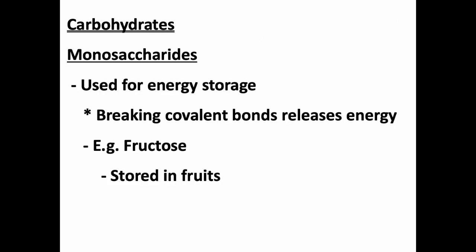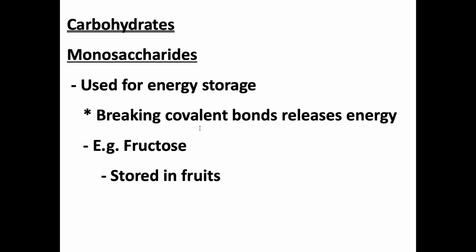So we've talked about what they look like, but what do they actually do? Well, monosaccharides are commonly used for energy storage. Now, this is an interesting concept that we'll get more into in later chapters about energy and metabolism. But the short version is that breaking covalent bonds releases energy.